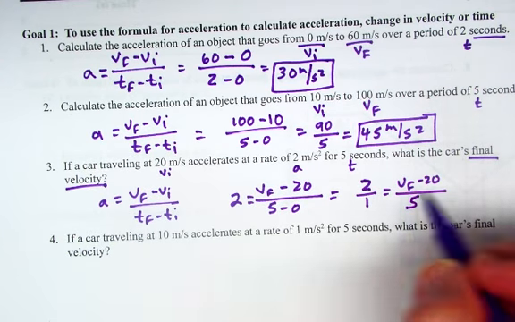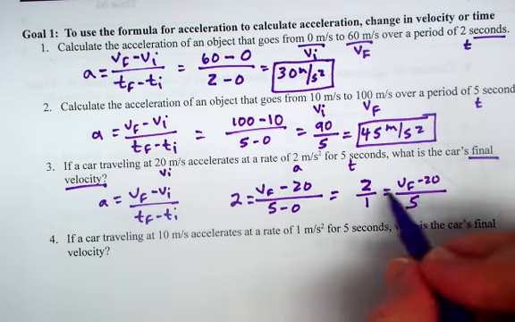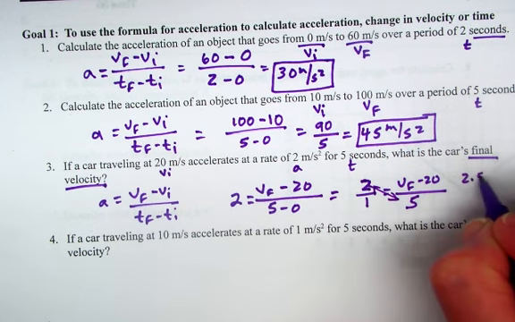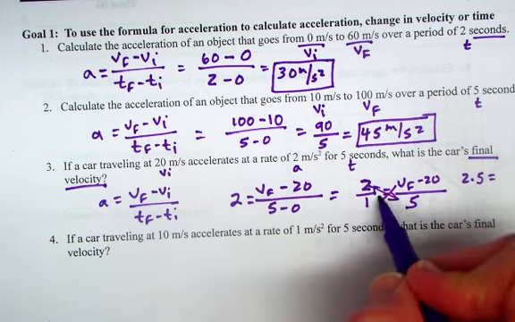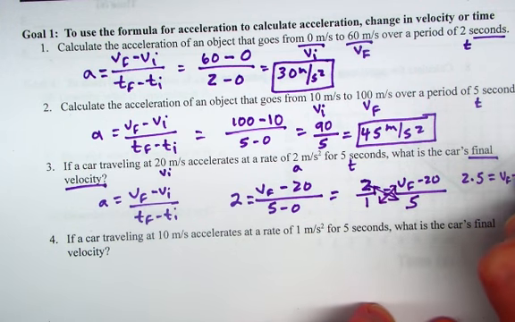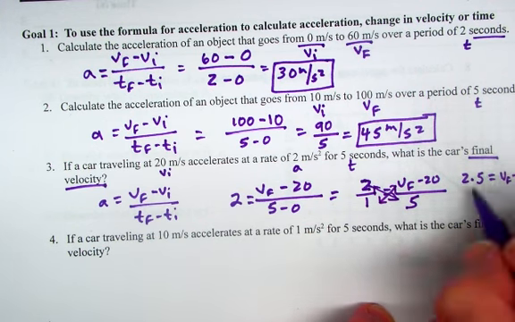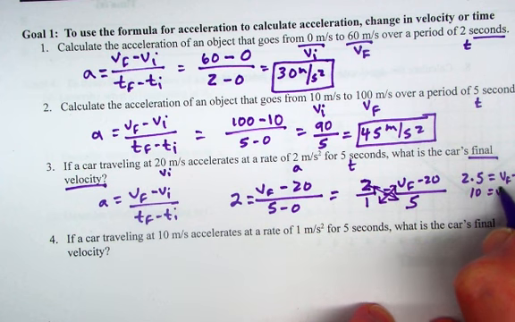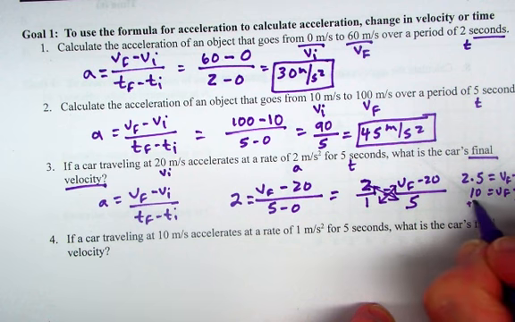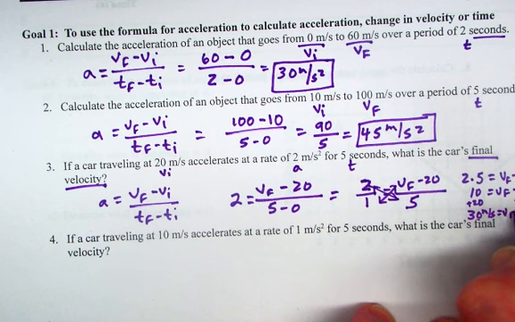So if we cross multiply and divide, we're going to take 2 times 5, so 2 times 5 equals VF minus 20 times 1. So we have 10 equals VF minus 20. To get rid of the 20, you add 20 to both sides. So you end up with 30 meters per second being VF.